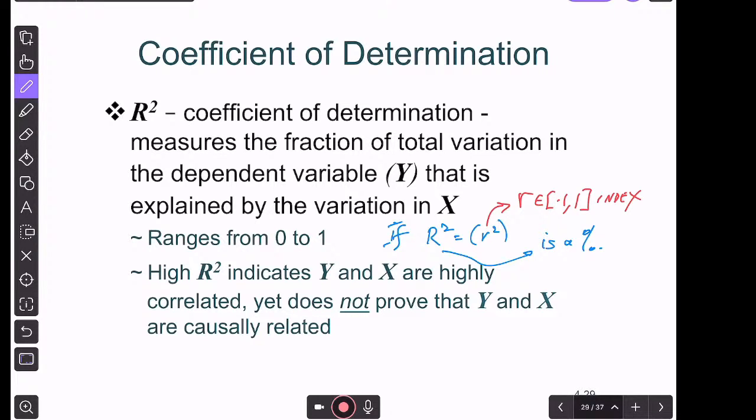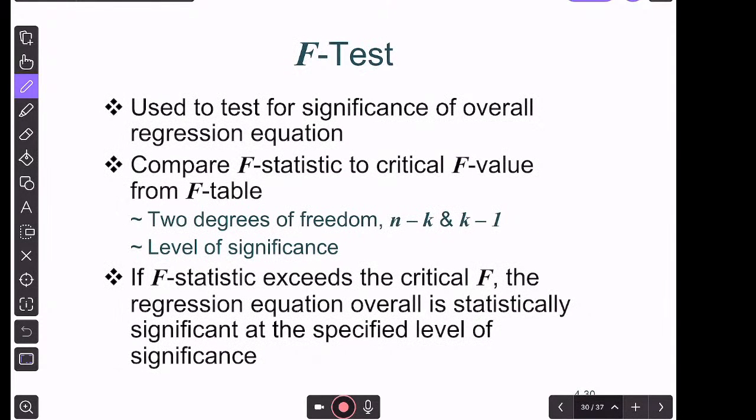So a high percentage would mean that they're highly correlated. It doesn't necessarily prove that X causes Y. You would use theory to support you in saying something like that, or you would conduct an experiment to prove it. But with just observational data, you can't say this causes that, right? You have to have theory to back you up.